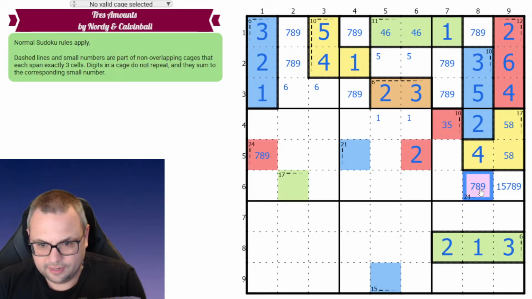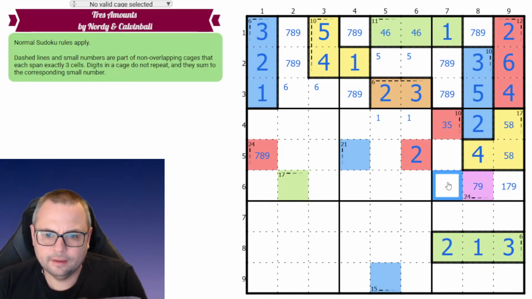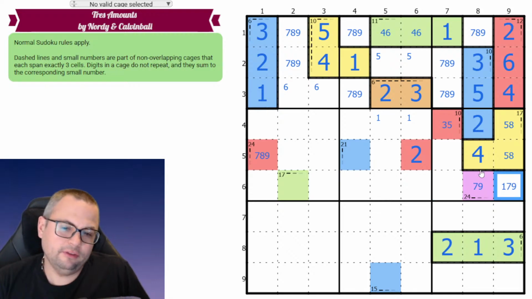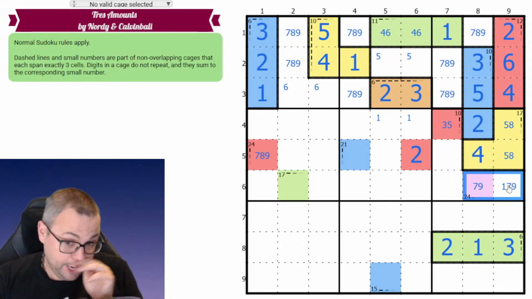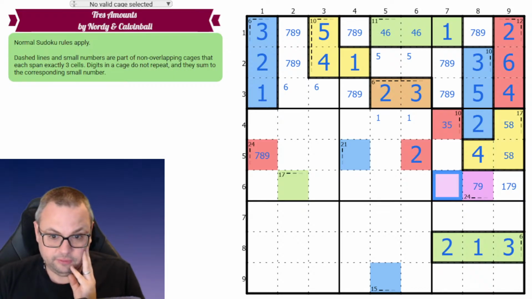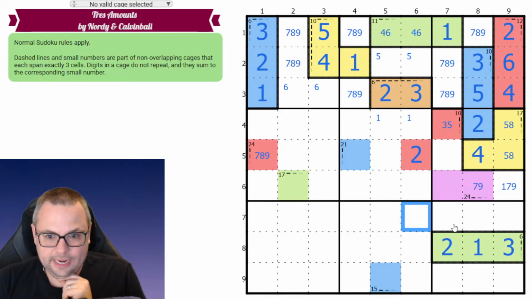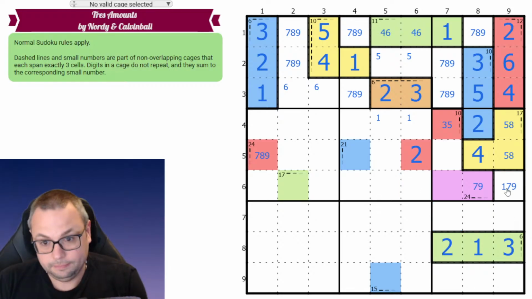Okay, so this is not 8. I mean, this isn't 5 or 8. Okay, and so purple can't go this way now, because if purple goes this way, then purple can't get an 8, because it will see the 8 over here. So purple has to go this way now. And now it could get its 8 there or there, but that cell's not purple, so it is a 1.